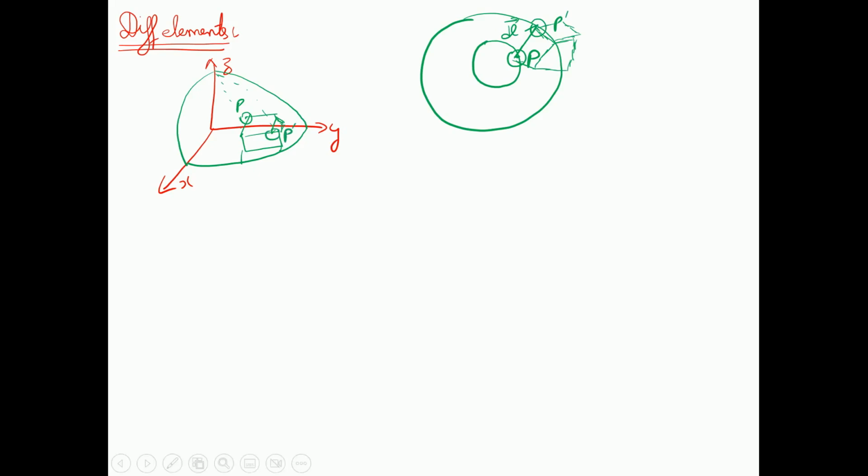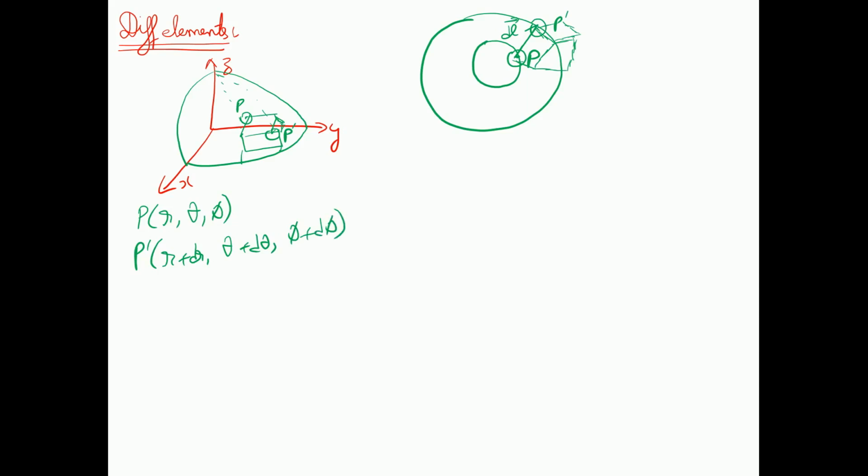Again, the faces remain the same, but what are the elements associated with this? Point P, which is at the back of the cube, will have the coordinates r, theta and phi, and P dash will be r plus d r, theta plus d theta and phi plus d phi. So this is the location.